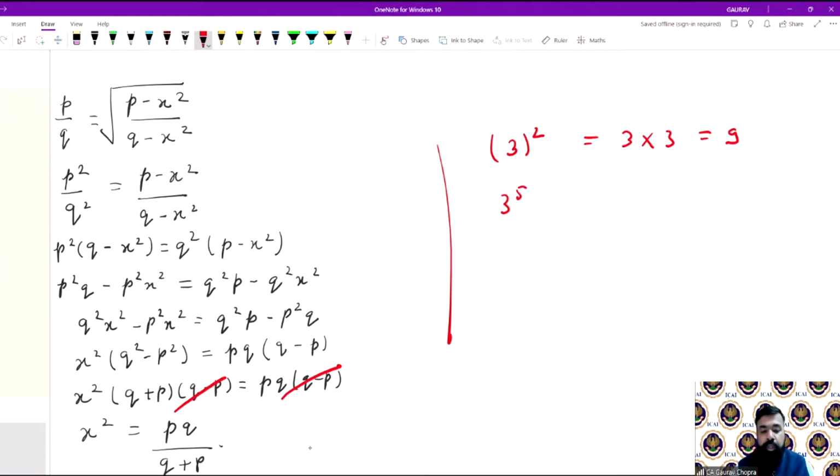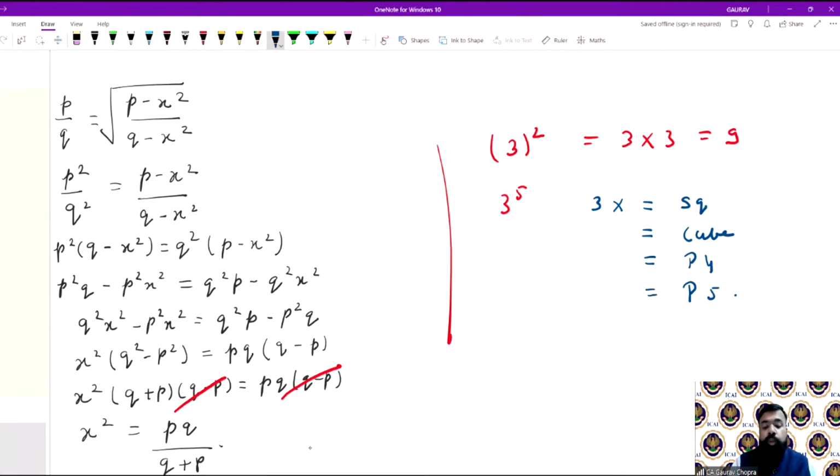There is one simple method we can apply here: 3 multiply, and after this multiply, press equal to. As soon as you press equal to, you will get square. Next time you press equal to, you will get cube. One more time equal to, you will get power 4. One more time equal to, you will get power 5.